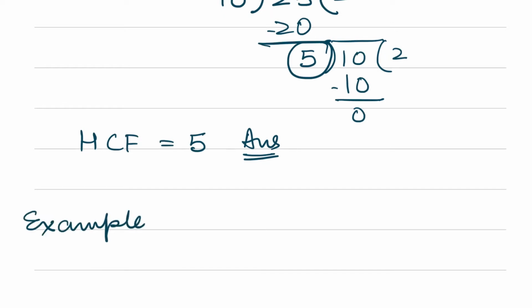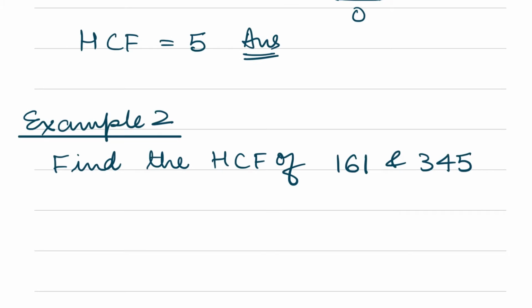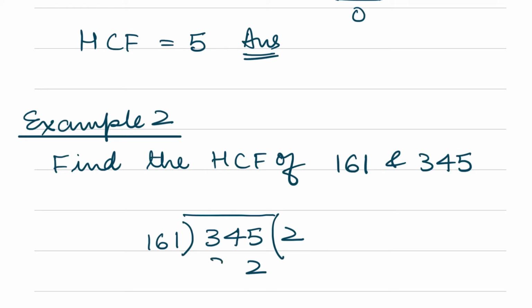So example 2. Find the HCF of 161 and 345. So again we'll follow the steps. The smaller number becomes the divisor and the larger number among the two becomes the dividend. So this would go 2 times. We have 2 and 322.